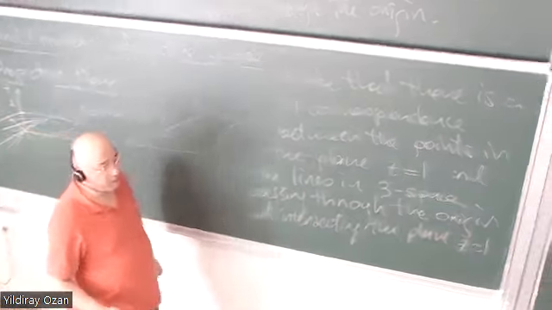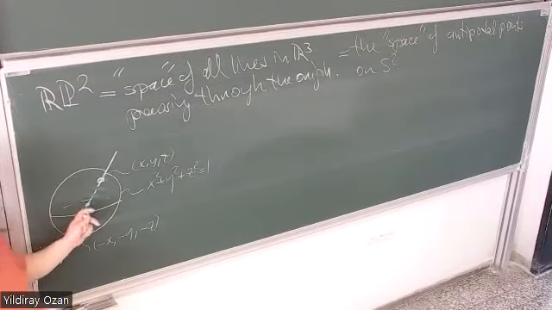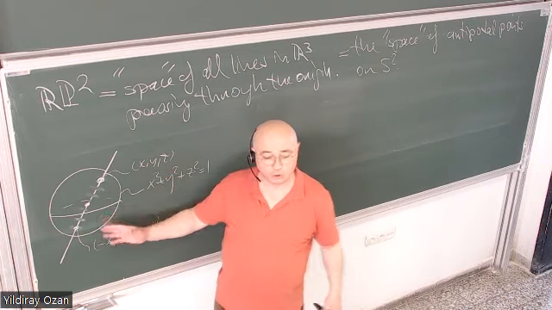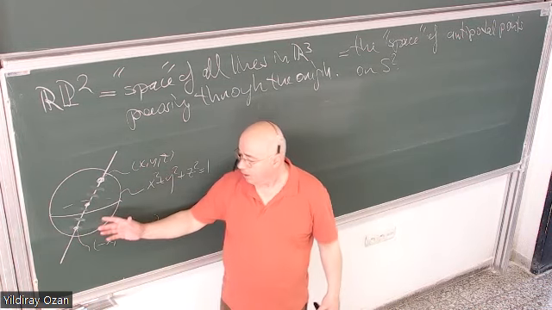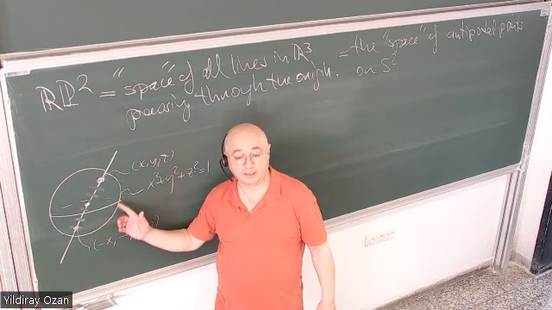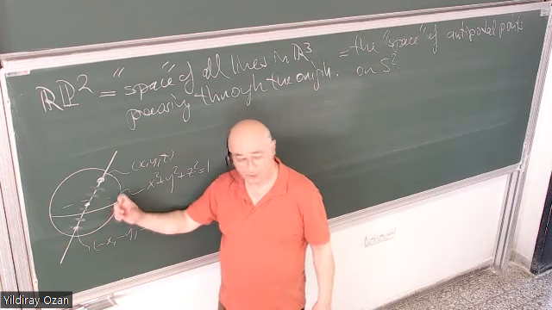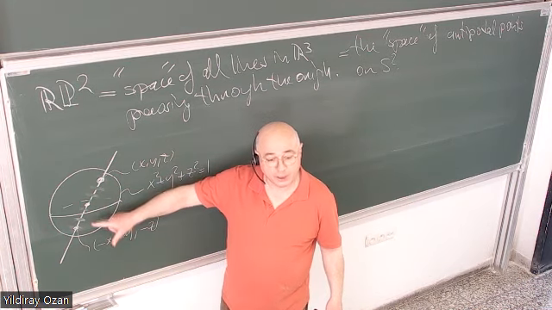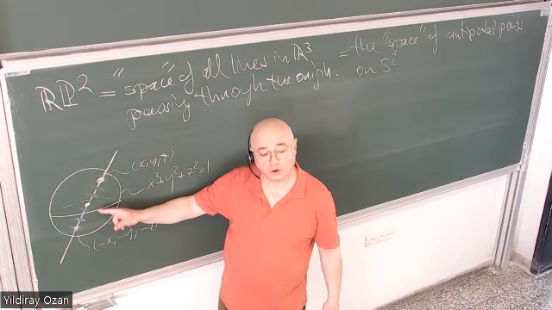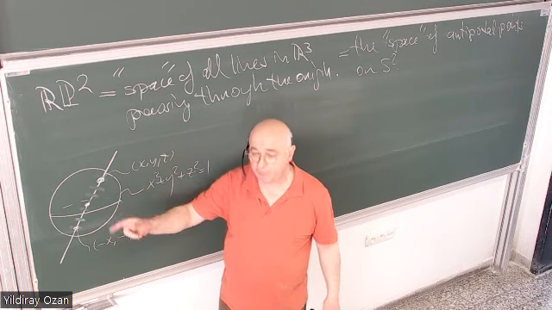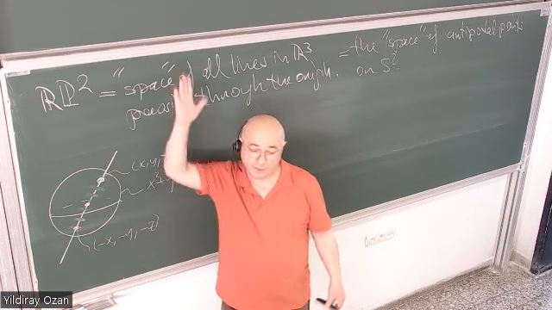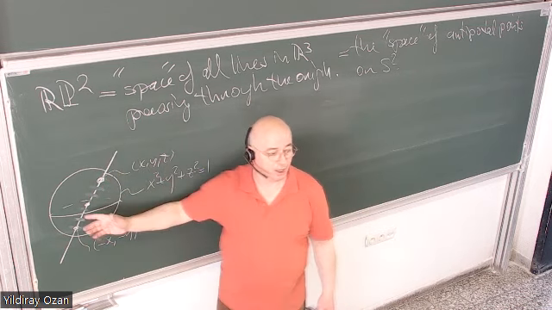So a line in the usual Euclidean plane will correspond to a plane. So I have to look at the intersection of that plane with this sphere. But that plane passes through the origin.